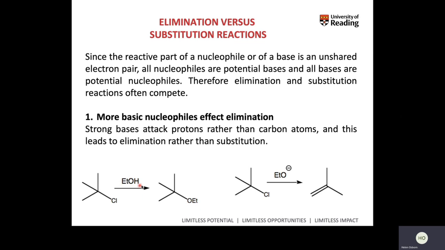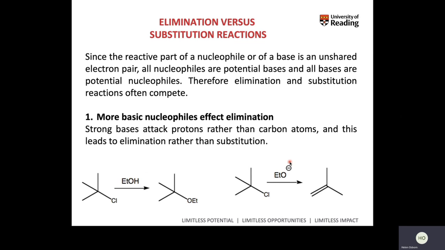In this case, we're just reacting it with ethanol, whereas in this case, we're reacting it with ethoxide, basically the anionic form of ethanol. And this, being negatively charged, is a much stronger base. So ethoxide is a much stronger base than ethanol.